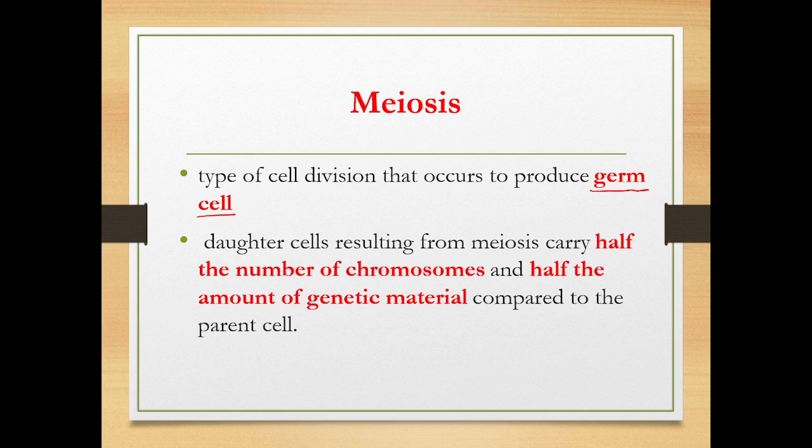So there are normally 4 daughter cells produced during the process of meiosis, and the number of chromosomes in every cell produced is half the amount of chromosomes in the parent cell. That half amount of chromosomes is known as the haploid number. So in meiosis, the produced cells have a haploid number of chromosomes.